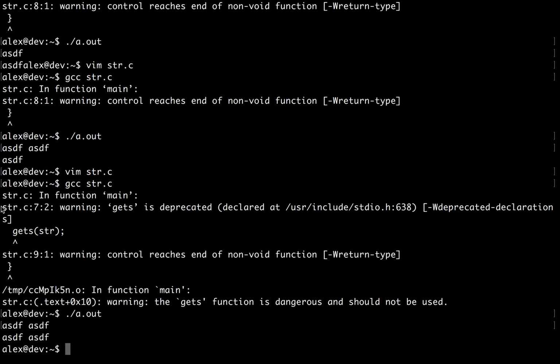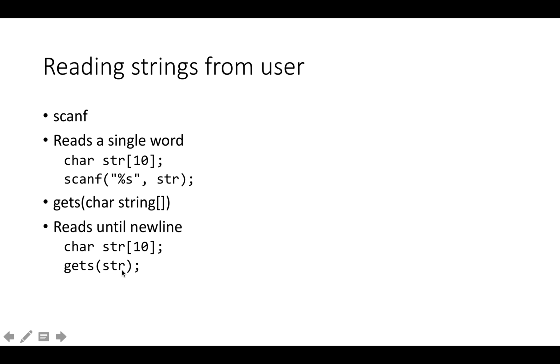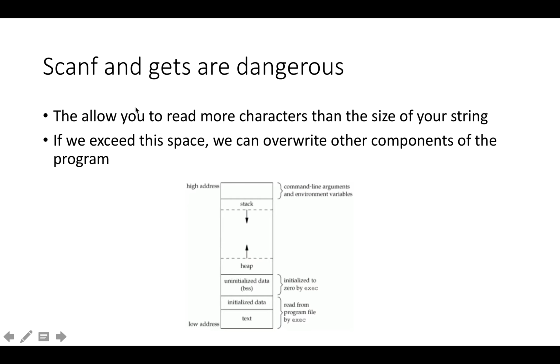But there's a lot of warnings here, and we're going to talk about why there's all those warnings. So again, the difference between a scanf and a gets is that it reads all the way until the new line. So one thing we have to keep in mind, we talked about scanf before, but now with gets, we have to think about this too.